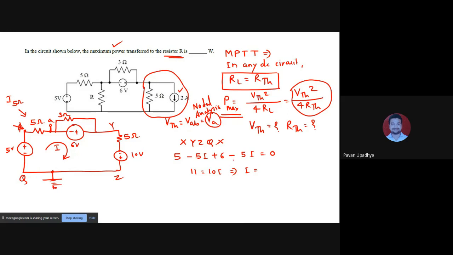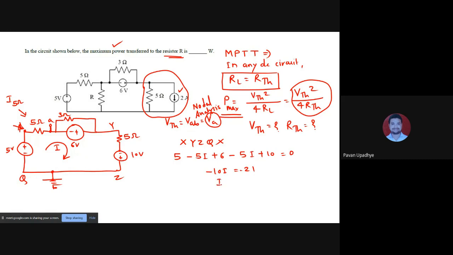So our equation modifies to minus 5 into I and plus 10 is equal to 0. So this gives me minus 10I is equal to 11 plus 10, is equal to 21, minus 21.